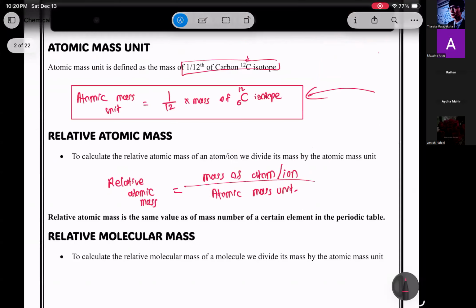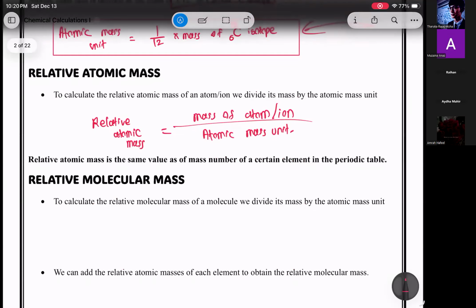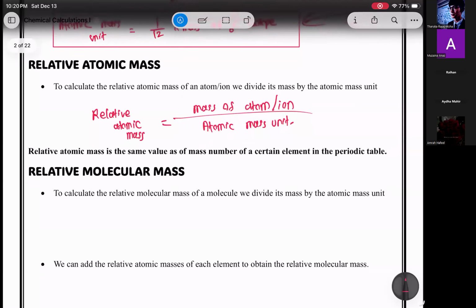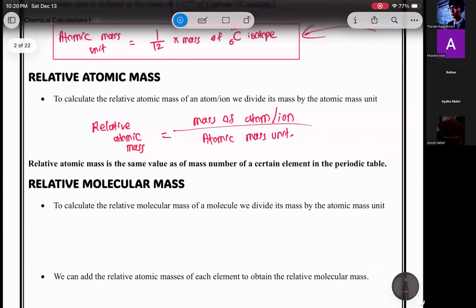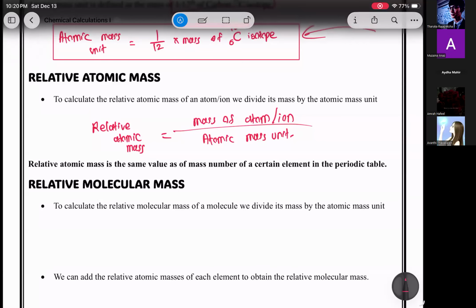People, relative atomic mass is the same as the mass number. It's exactly the same value of a certain element in the periodic table. You have to keep that in your mind. The thing is, relative atomic mass does not have a unit, but mass number has a unit which is grams. We're going to talk about that later.